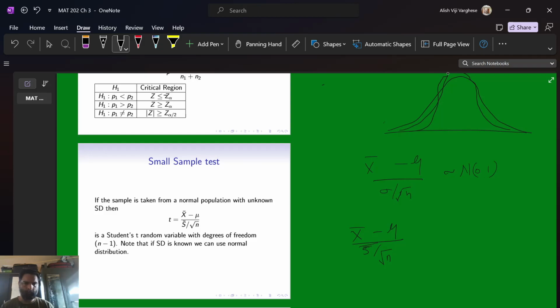The values of this student's t random variable are available in your statistical table. You can check your statistical table to find the student's t values corresponding to the significance level and the degrees of freedom, and that will give the value of t n minus 1, alpha or alpha by 2. So that will give the student's t probabilities.